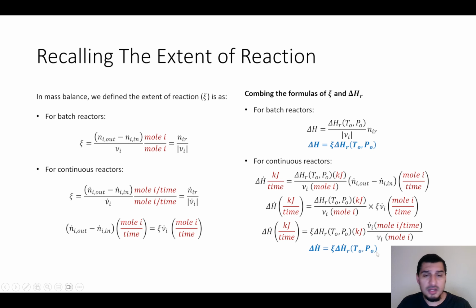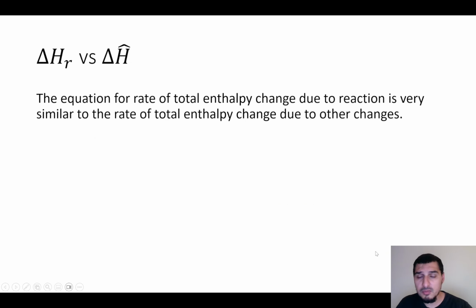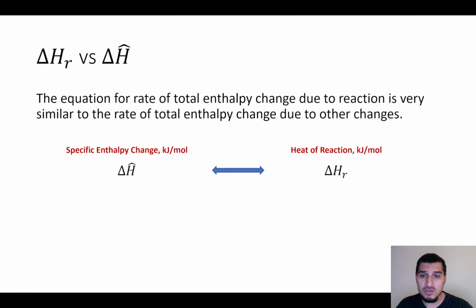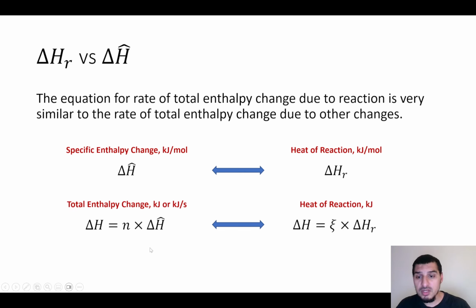So in short, to compare what we used to see before to what we see here: this is the specific enthalpy change in the case of physical systems. This is delta H_R, the heat of reaction, for chemical systems. And to get the total enthalpy change, we used to multiply this by n or by m, depending on whether it is per mole or per mass, to get the total energy. And the same here, you multiply delta H_R by the extent of reaction. So it's almost the same thing.